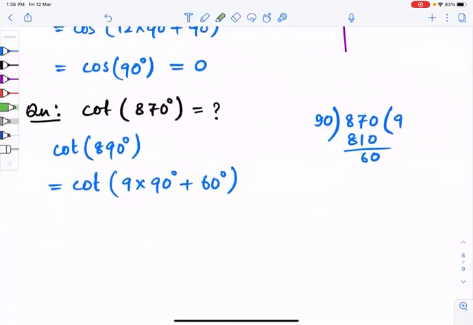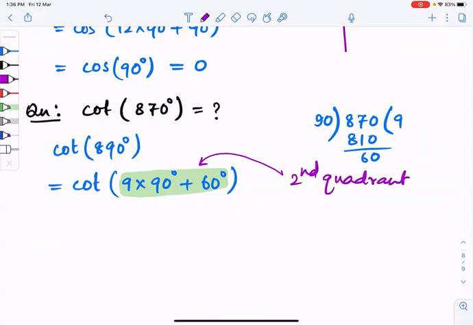So what we have understood from there is that this angle is in the second quadrant.